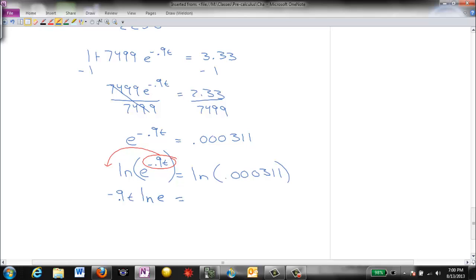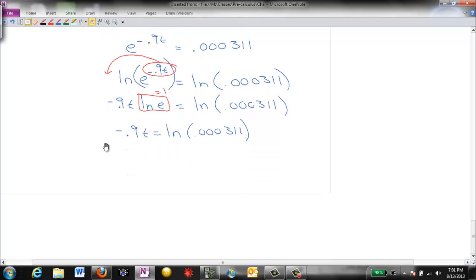It will drop out. So I have negative 0.9t equals the natural log of 0.000311. And then one last step here to get t all by itself is to divide by negative 0.9 on both sides of the equation.